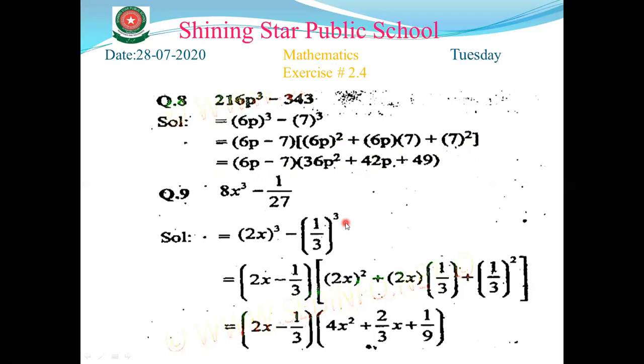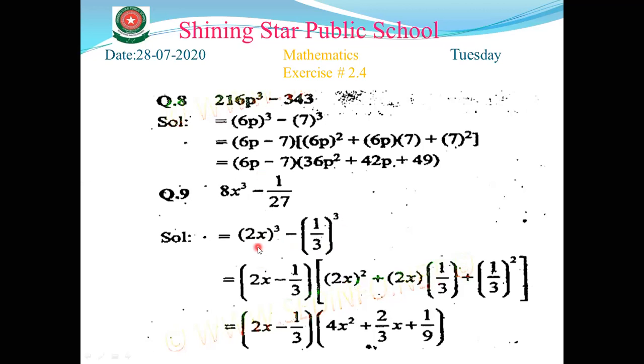8x³ minus 1 over 27. 8 is the cube of 2 and 27 is the cube of 3. Okay, now a³ minus b³ equals (a minus b)(a² plus ab plus b²).